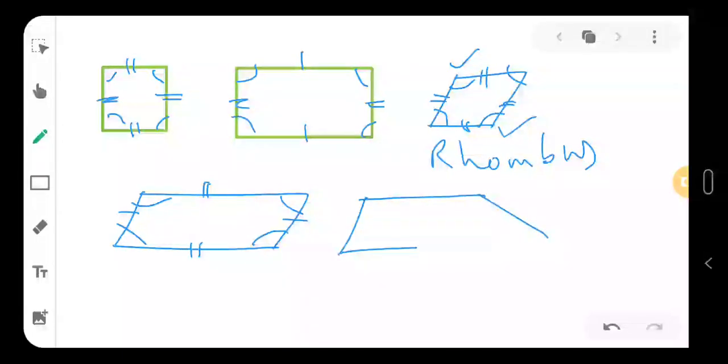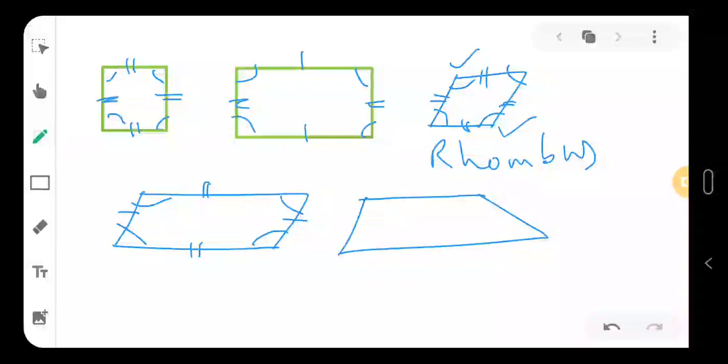A trapezoid is something where two sides are parallel, but none of the sides are same and none of the angles are same also. In case of a trapezoid, we cannot say anything about the angles. Maybe two angles are same but others are different, but all of the angles will not be same.